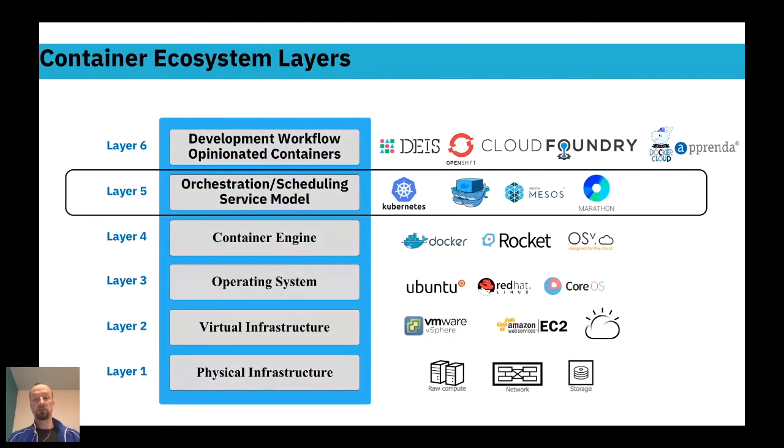Then on top of that, you have operating systems that you can leverage, Ubuntu for example for IBM Cloud, and then you would use a container engine to launch your systems. And the orchestration scheduling service is at the level of Kubernetes. And then on top of that, you would have another system, platform as a service, like Cloud Foundry, a workflow to develop systems.